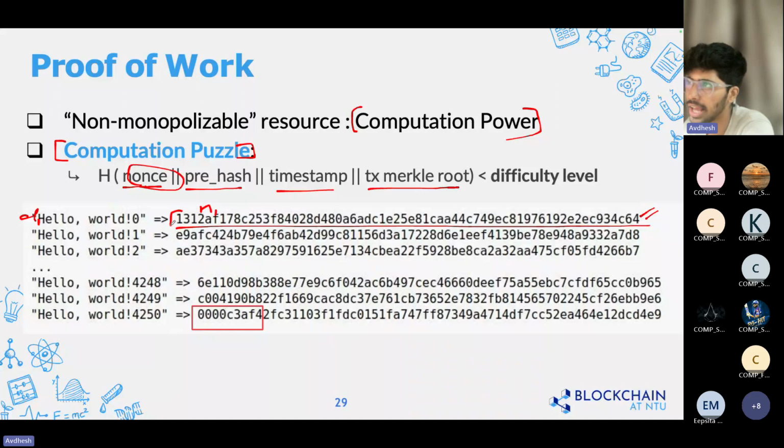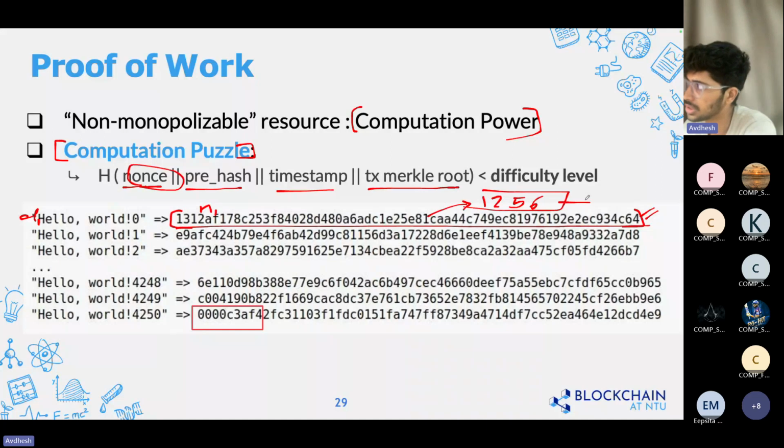to get as close as possible to this number. Now, what I mean by that is this can be decoded to a binary string, which is of 256 bits. So they use their computational power to get as close as possible to these 256 bits.